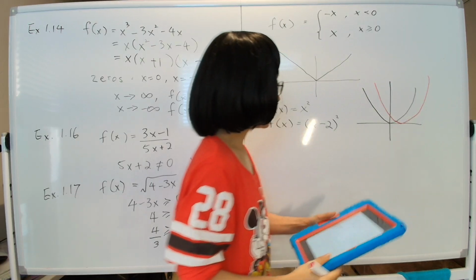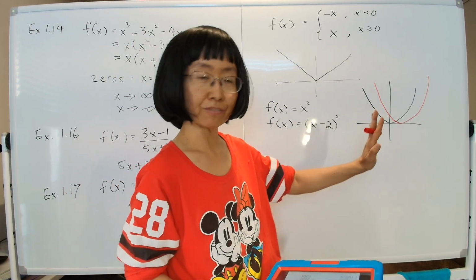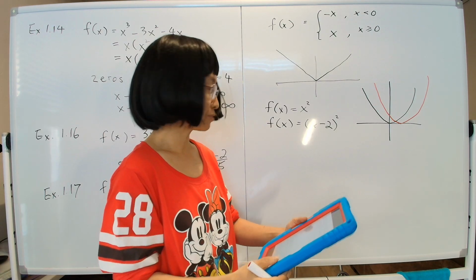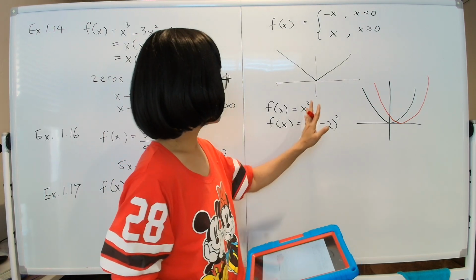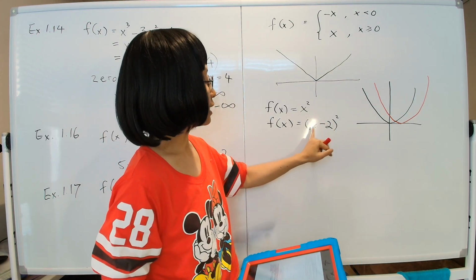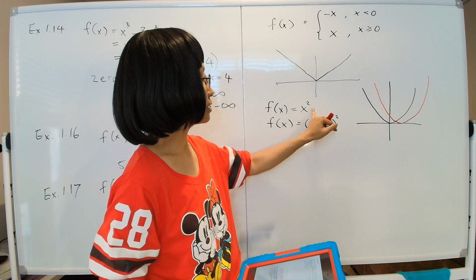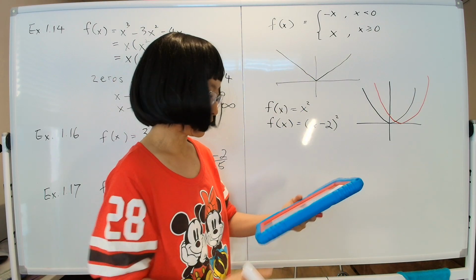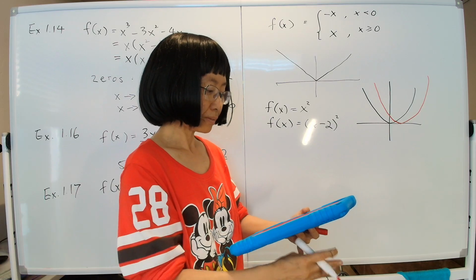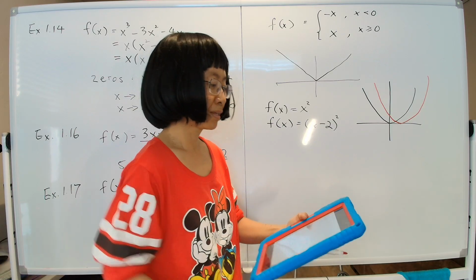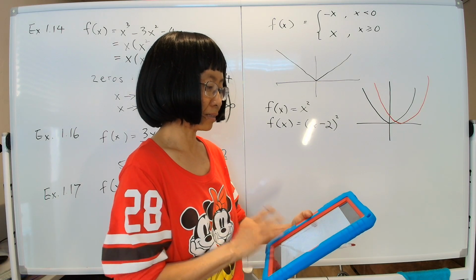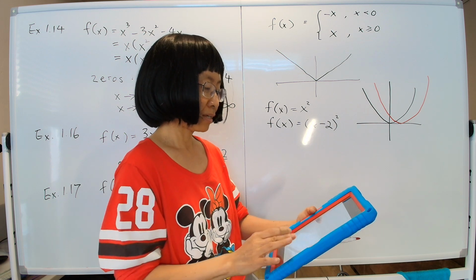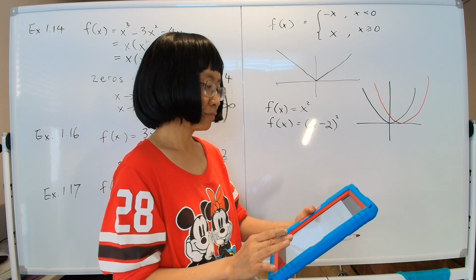Okay, so it's identical except it got moved over. So that's called the transformation. There are other ways to transform it, like instead of adding a number inside x, you can add it outside, and then it moves it up and down and so on. A vertical shift. But we're not going to go over that. That's enough transformation for today. So let's move on.